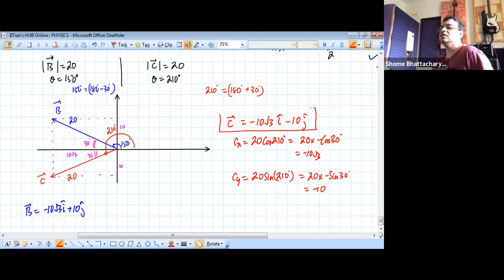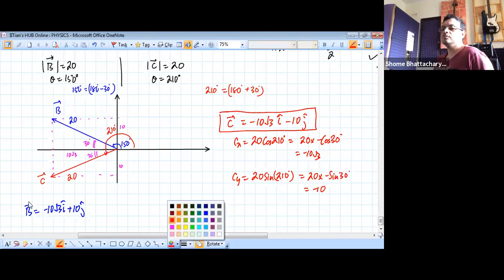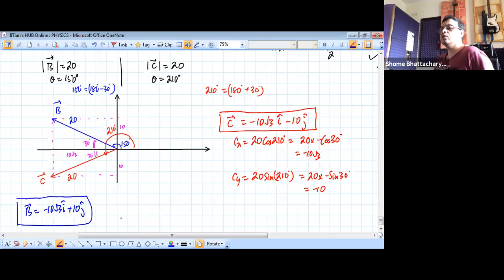So from here you can see the comparison of the formulae for second quadrant and third quadrant. For second quadrant, you have the formula that cos of 180 minus theta is minus cos theta, and sine of 180 minus theta is positive sine theta.